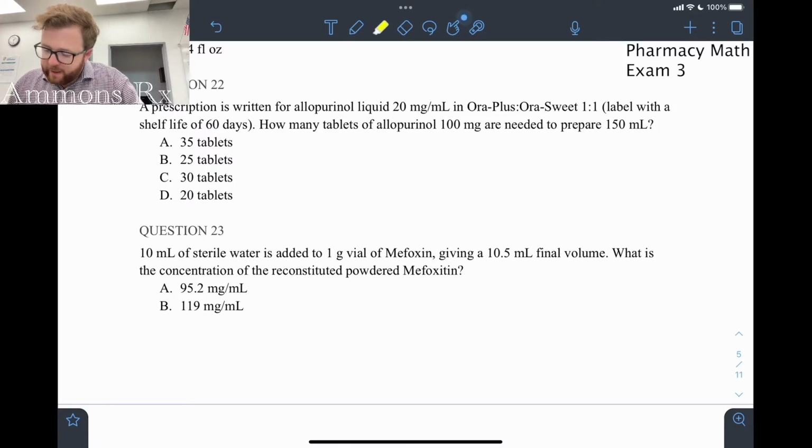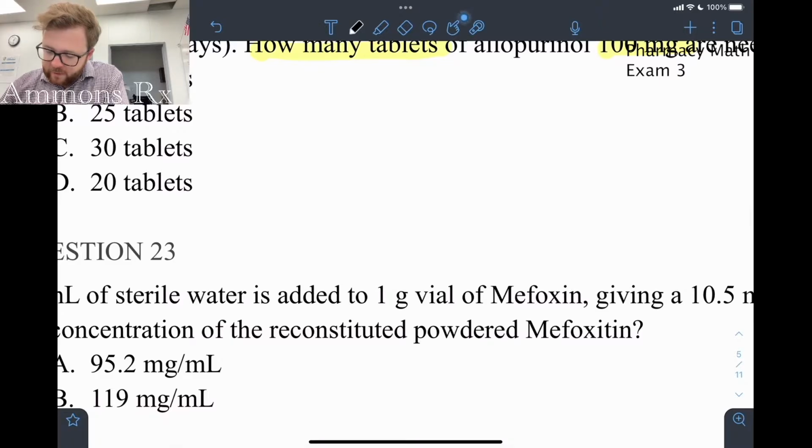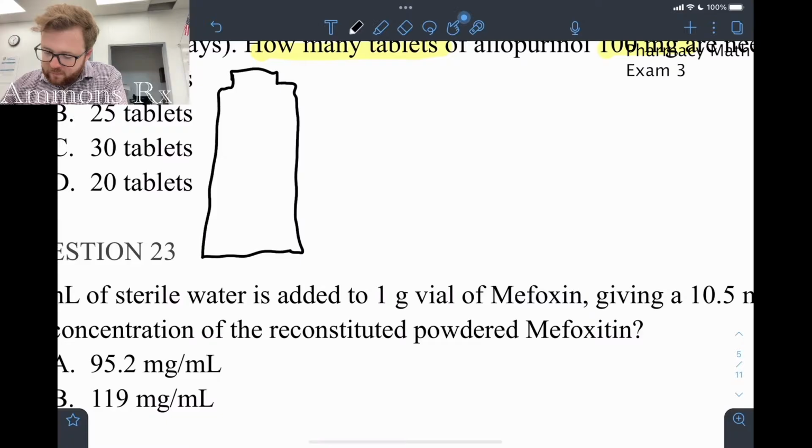A prescription is written for allopurinol, 20 milligrams per mil, plus OraSuite 1:1. How many tablets of allopurinol 100 milligrams to prepare 150 mils? Okay. So this one, I'm going to draw a picture. So I'm going to draw a little bottle. Not very great.